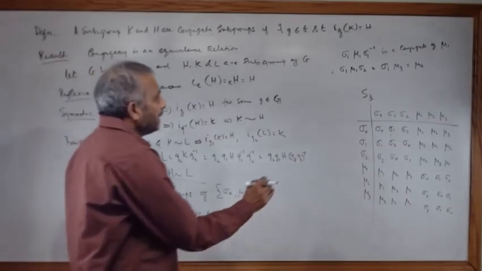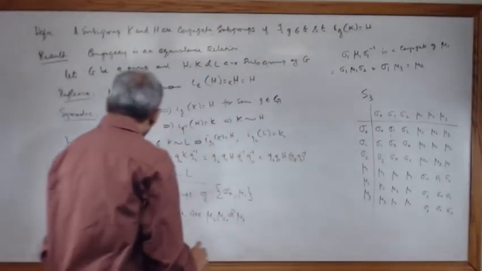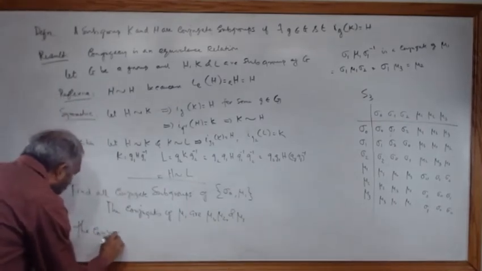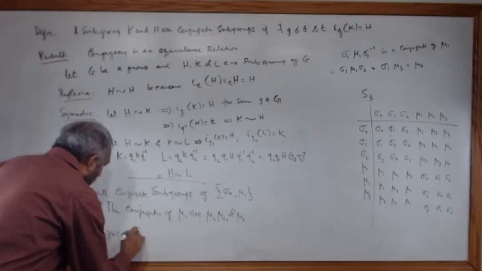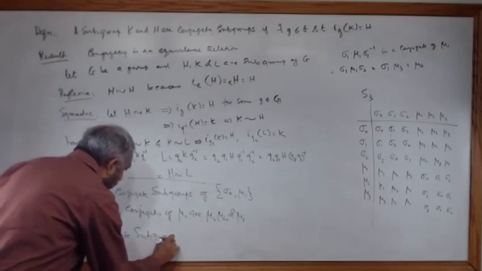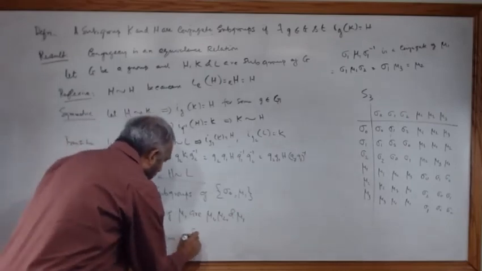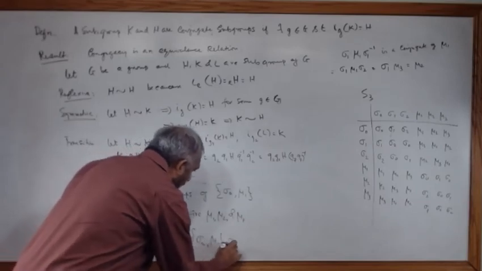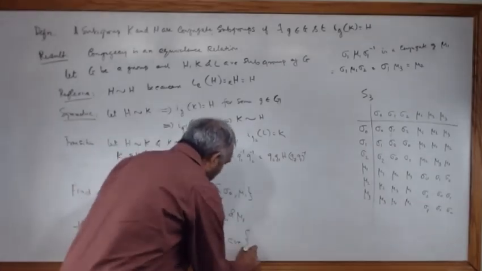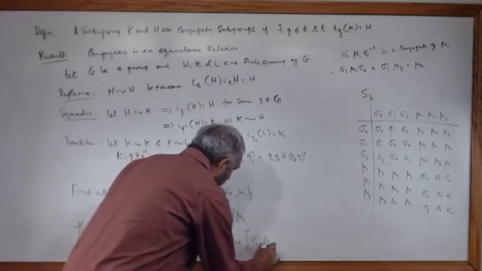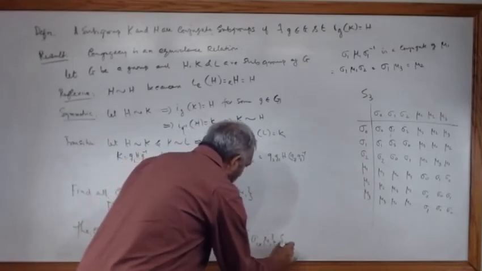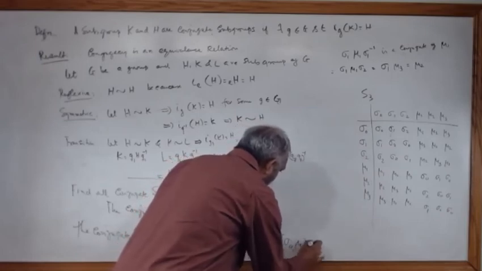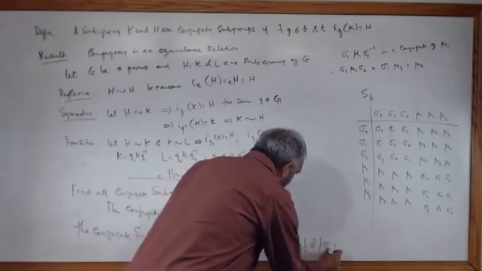You won't get any sigmas. So the conjugate subgroups of {σ0, μ1} are {σ0, μ1}, {σ0, μ2} and {σ0, μ3}.